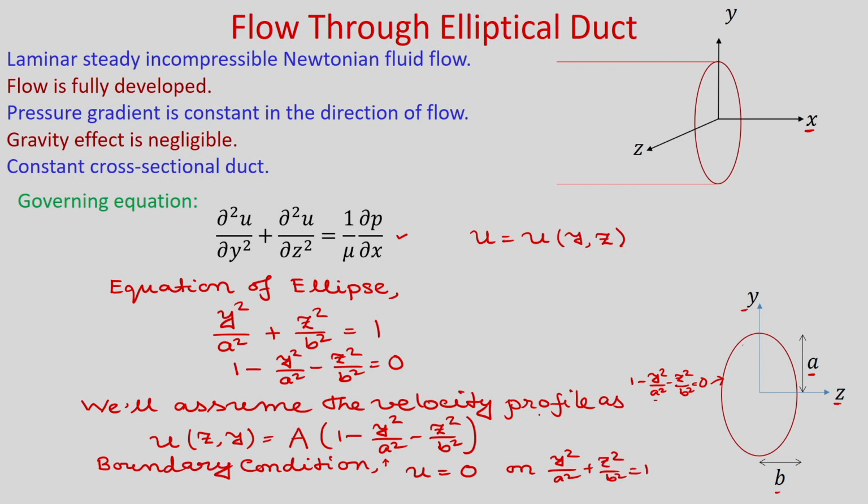And this is valid when y square by a square plus z square by b square is less than or equal to 1, because this is actually inside the domain. And when it is equal to 1, this becomes the boundary condition. Now, we will determine this constant A just by satisfying the governing equation.